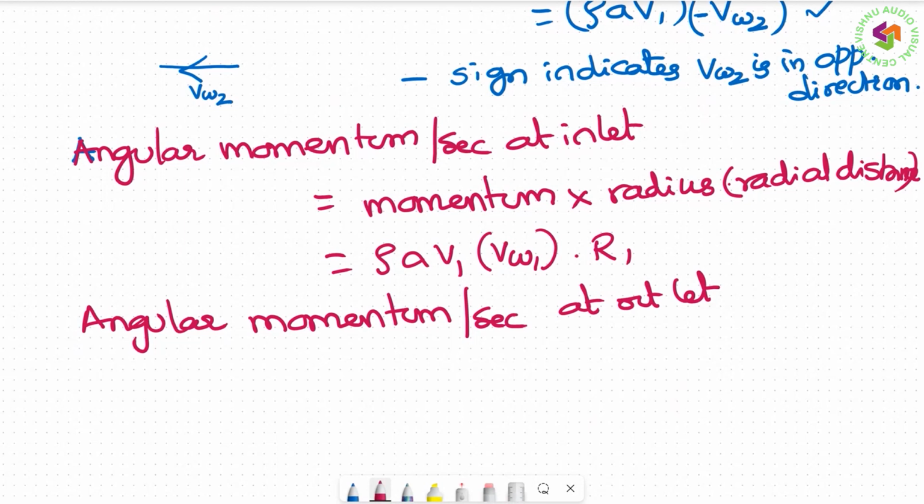That is why we need to use the angular momentum principle and then move ahead. Whereas if it is tangential, I will use the impulse momentum equation directly. As the flow is radial, automatically we need to switch over to the angular momentum principle. Minus is very important.